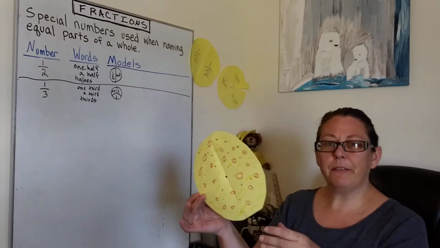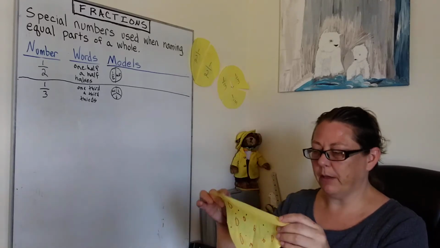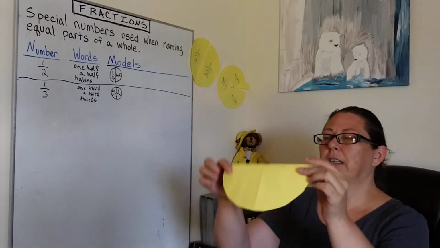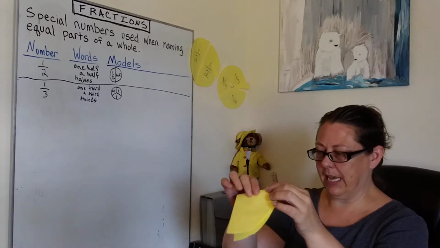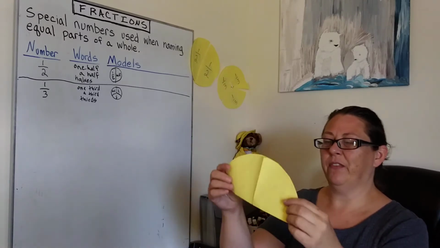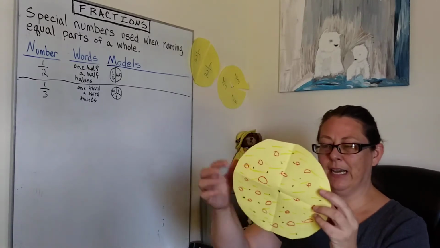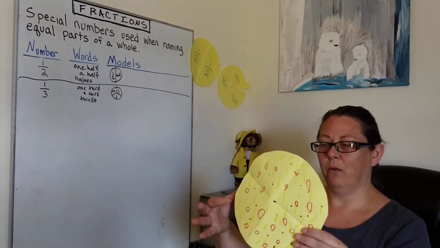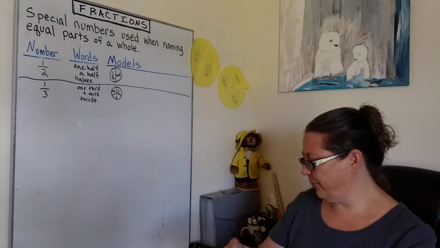So give the students a little bit of time. They're probably comfortable with this. Fold it in half again. Okay, and we can cut them if you want, so we would have 1 piece out of 4.